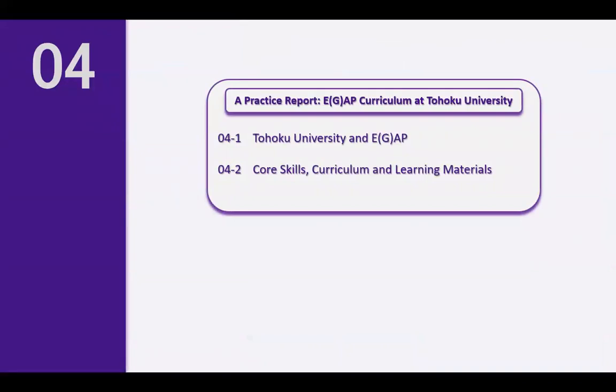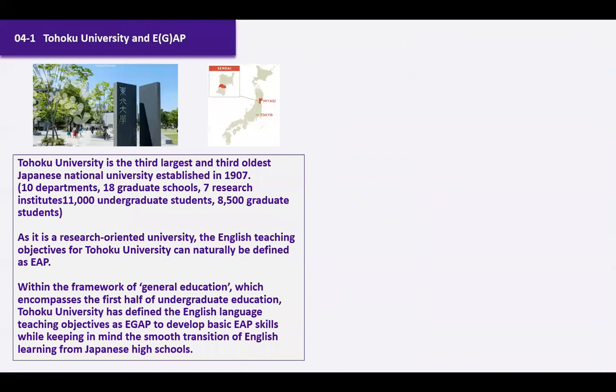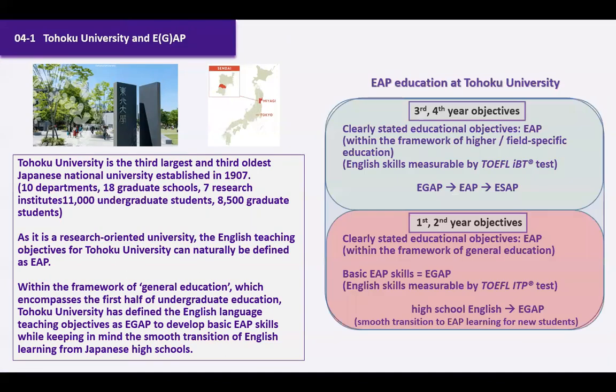In this section, we present examples of EAP education, which we call EGAP in practice at Tohoku University. Tohoku University is one of the largest research-oriented national universities in Japan, and its English language teaching objectives can be clearly defined as EAP. In the first and second years, more general EGAP, that is, English for general academic purposes, is taught.